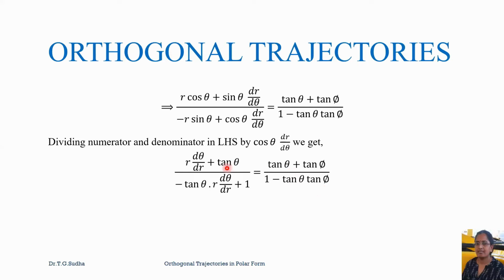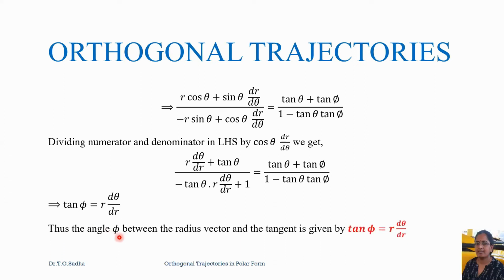When we compare the left hand side and right hand side, we get tan phi is equal to r into d theta/dr. Thus the angle phi between the radius vector and the tangent is given by tan phi is equal to r d theta/dr.